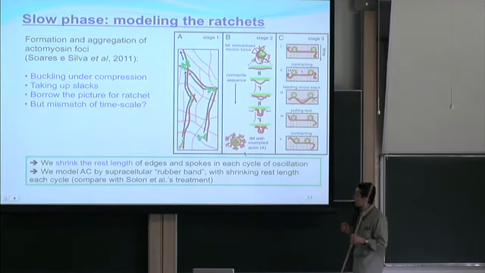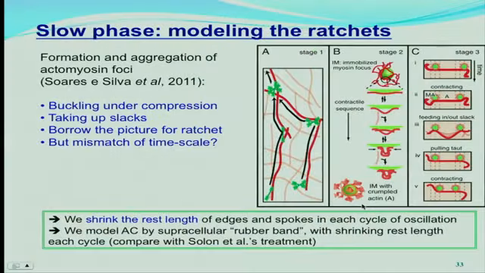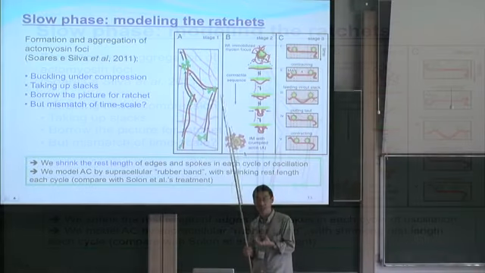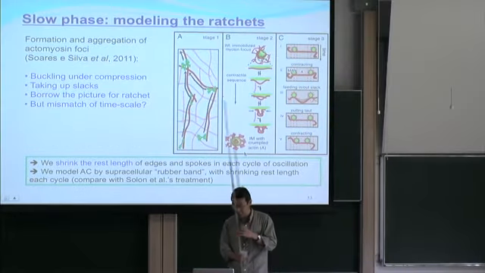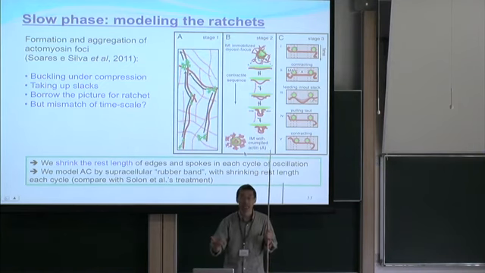But unfortunately, there's a slight mismatch of the time scale. In Fred's system, the whole thing would assemble in the time scale of half an hour or 40 minutes, I believe. In our dorsal closure process, each cycle is about 4 to 5 minutes. So there's a slight difference in the time scale. I'll get to that. But for the moment, we took this idea and we used it.